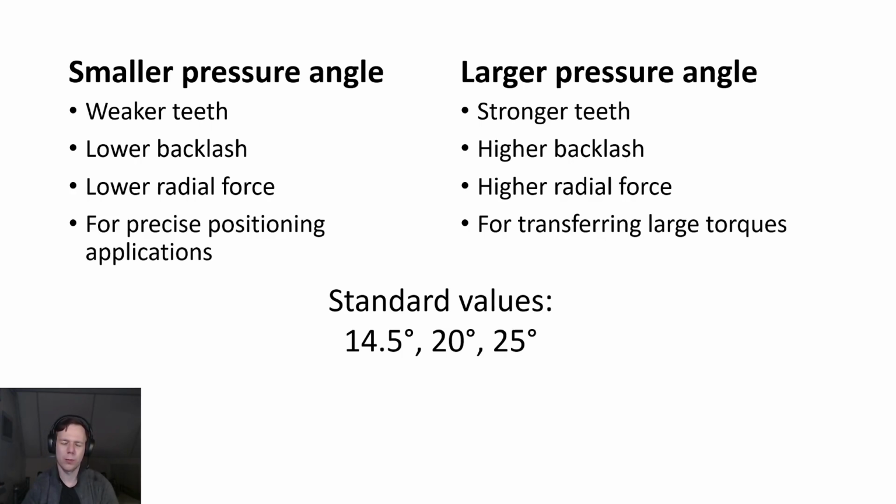And finally, 25 degrees is honestly quite rare, but that would again be for very large torque applications. Outside of these 3 values, in my experience, there is nothing really for sale. Though if you are 3D printing your own gears, then frankly nothing stopping you from using whatever pressure angle you like.